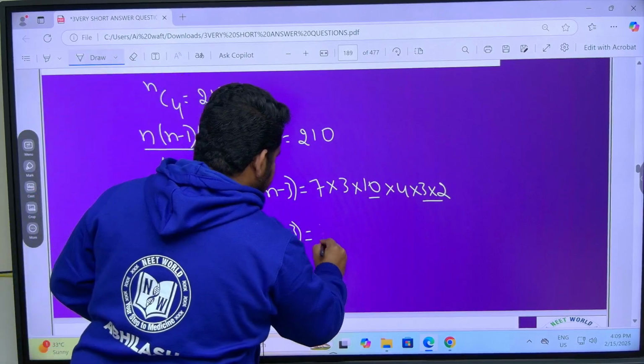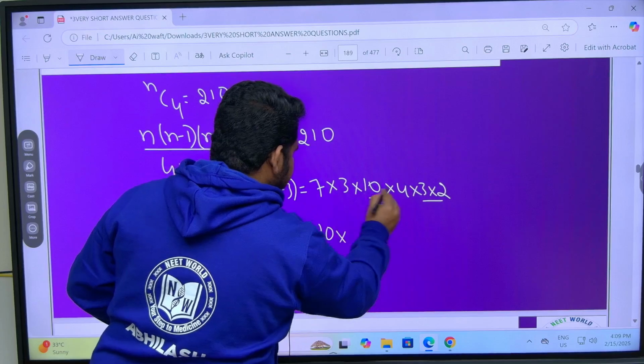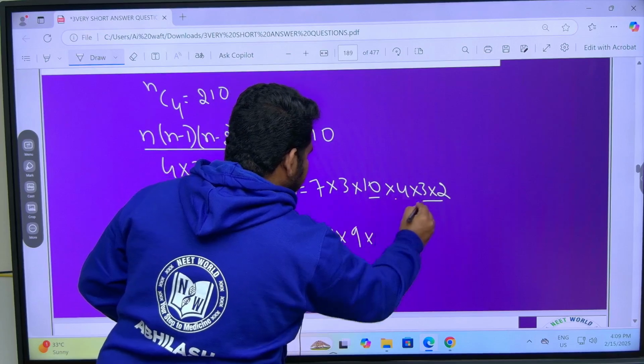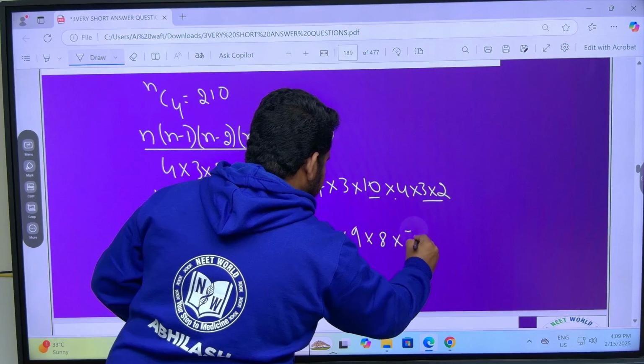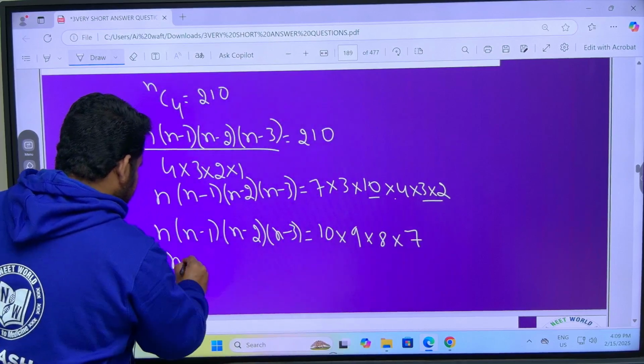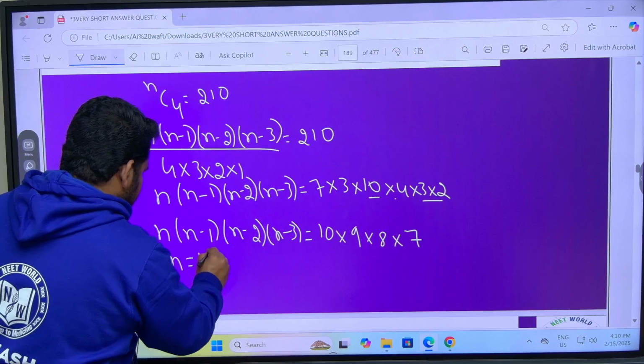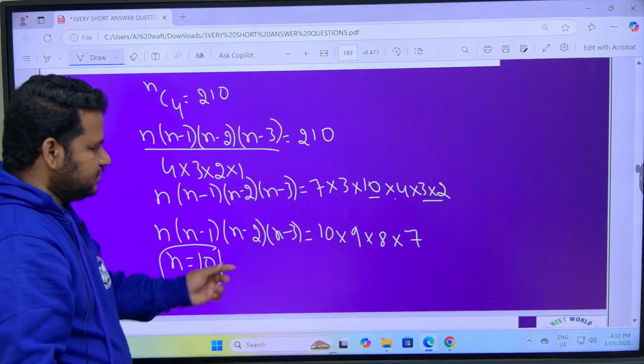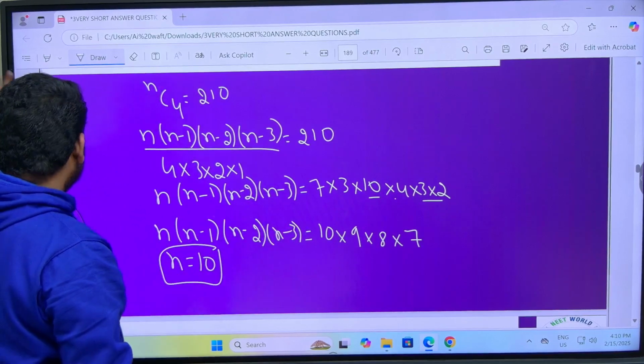This will be 10 into 3 into 3, 9, 4 into 2, 8, 7. So n will be equal to 10. The value of n is equal to 10, that is 10 into 9 into 8 into 7. So the value of n will be equal to 10.